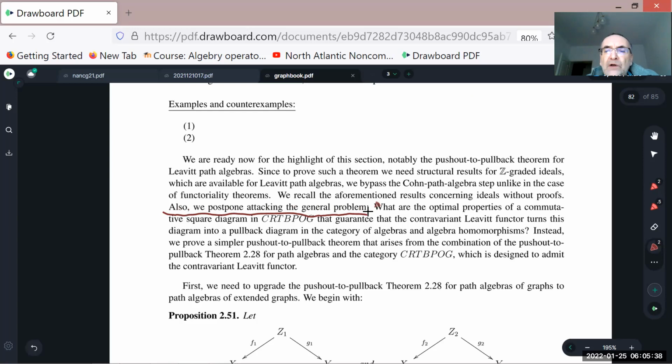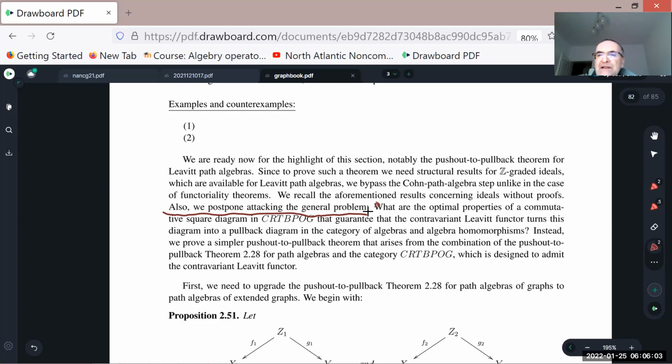There's a CR condition, the target bijectivity condition, and properness condition. What are the optimal properties of a commutative square diagram in this category, which is designed to induce homomorphisms of Leavitt path algebras, that guarantee that the contravariant Leavitt functor turns this diagram into a pullback diagram in the category of algebras and algebra homomorphisms?